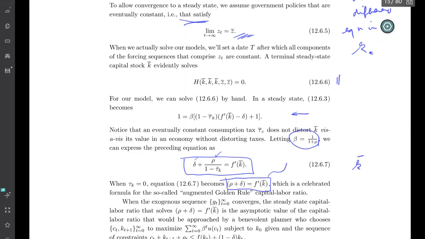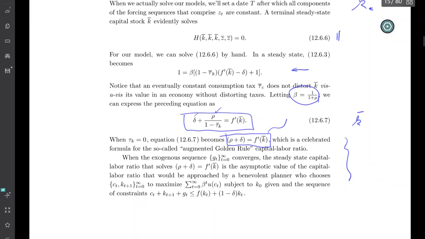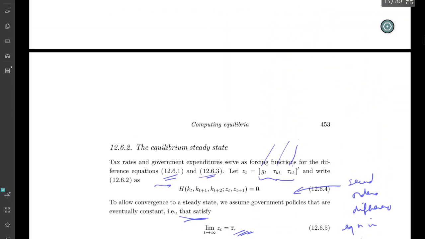It's a formula for the Cass-Koopmans augmented golden rule. So that's the optimal stationary capital stock for an economy without a government. So if you could read this, that's how we're going to compute the steady state that we're going to use for the shooting algorithm.